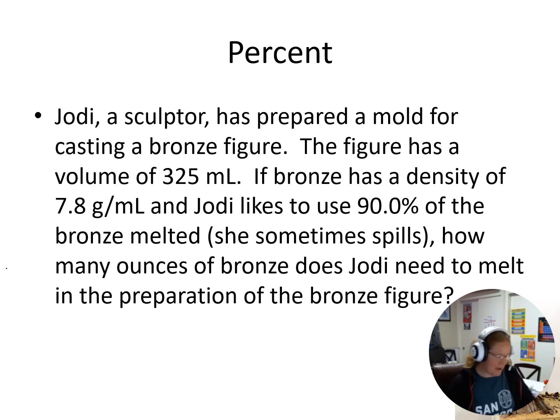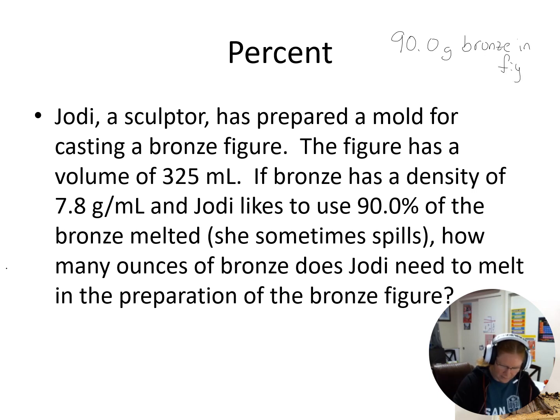All right. This one, you have to utilize a percentage in there somewhere. Okay, so I'll give you a hint. This 90% of the bronze melted, she sometimes spills, means that you have 90 grams of bronze in figure for every 100 grams of bronze melted.